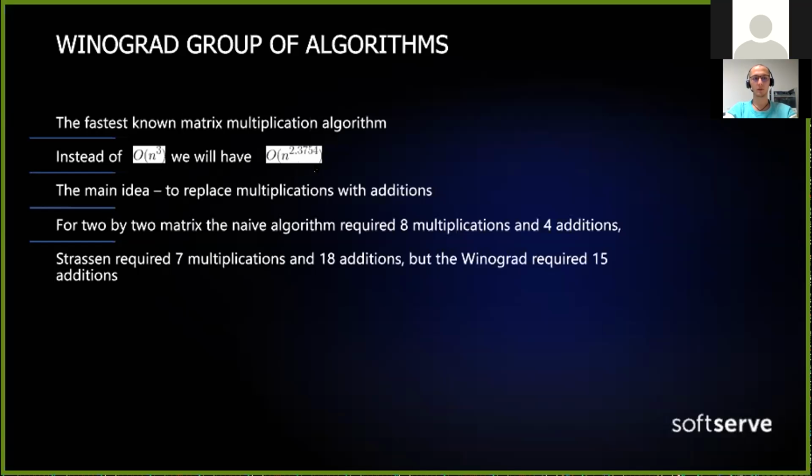It's much faster than everything before, and Vinogradov's approach was the fastest known matrix multiplication approach for 30 years.